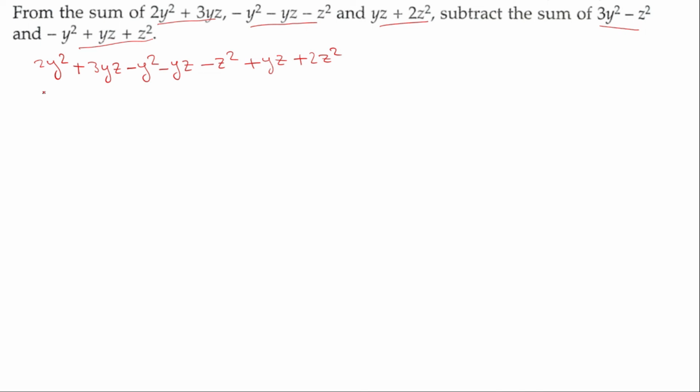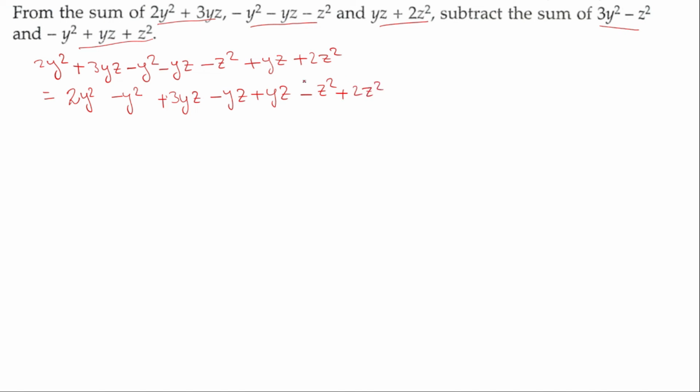We will write all the like terms together, like 2y square minus y square. We have no other terms with y square, then we will write plus 3yz minus yz plus yz. After that we will write minus z square and plus 2z square.